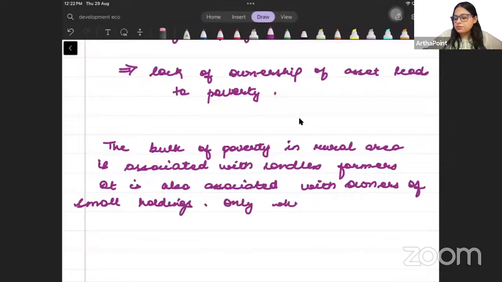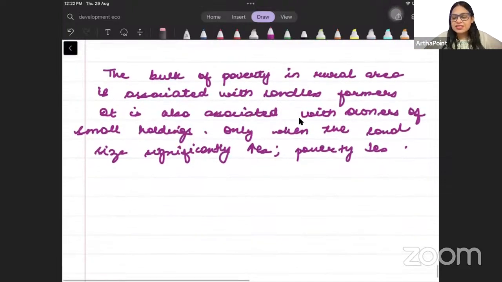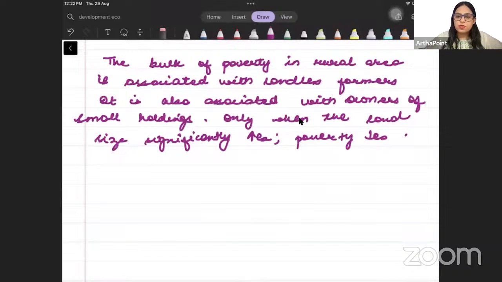Only when the land size significantly increases, poverty decreases. Poverty decreases, right? So as the land size significantly increases, poverty decreases.